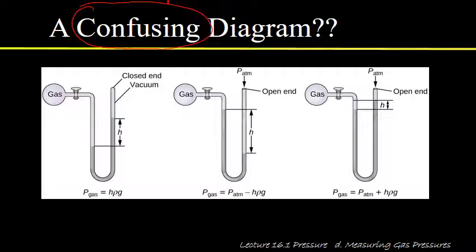This part is H times rho times g. That's just the pressure of a column of liquid using that hydrostatic pressure equation that we used a couple of lectures ago.